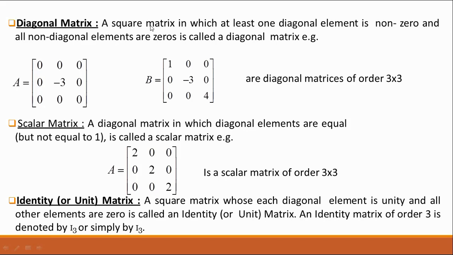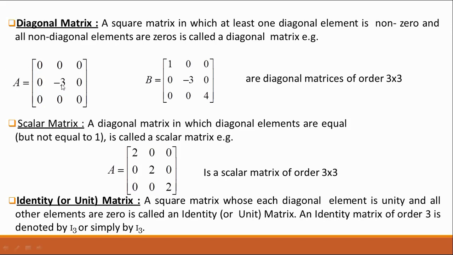A square matrix in which at least one diagonal element is non-zero and all non-diagonal elements are zero is called a diagonal matrix. Dear students, note that for a diagonal matrix, not all the diagonal elements need to be non-zero.